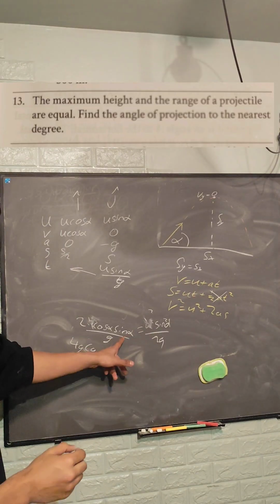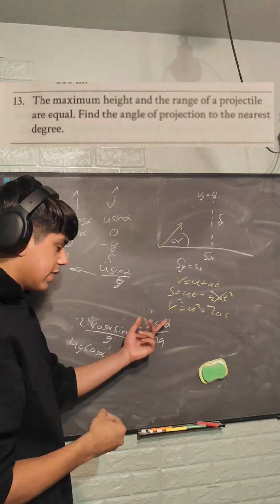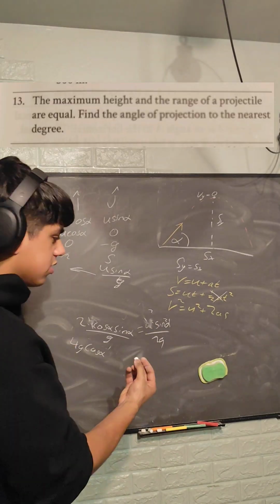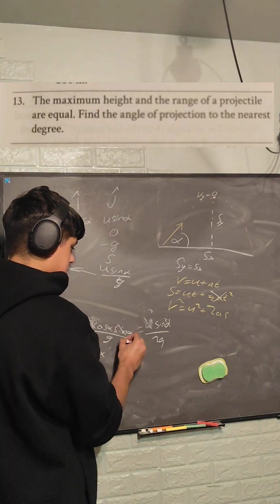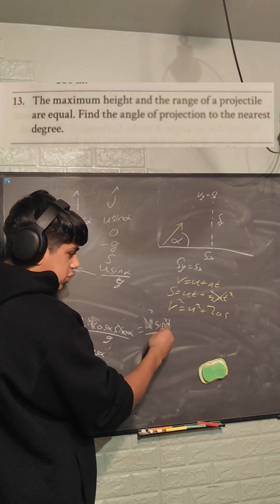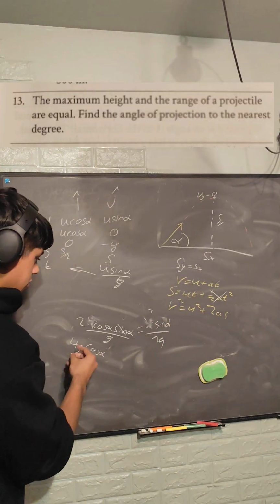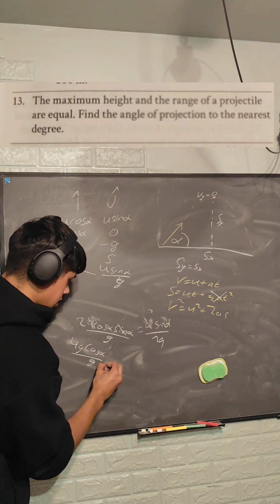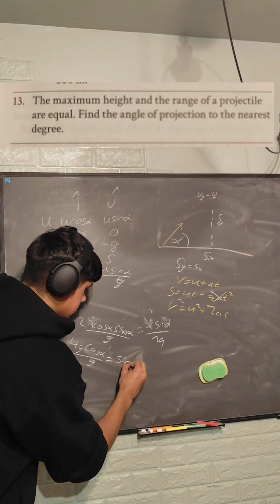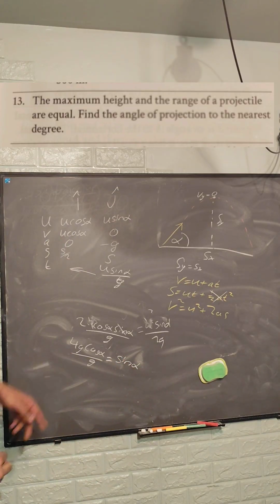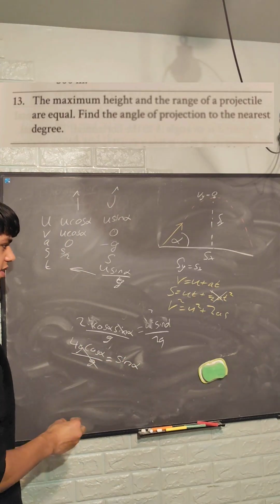Since on this side we have one sine, and on this side we have two sines, I'm going to divide both sides by sine. So here we have two sines, so it's not going to be sine squared anymore, it's just going to be sine. So we know 4 cos alpha is equal to sine alpha. And g divided by g, that just cancels out.